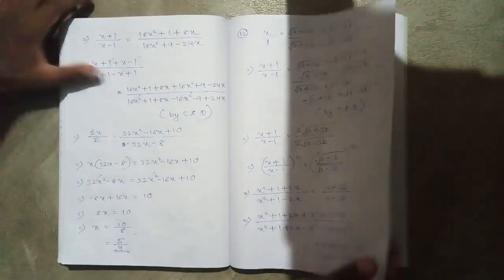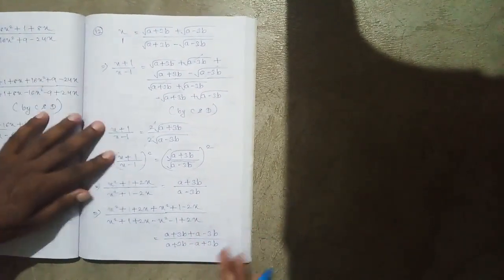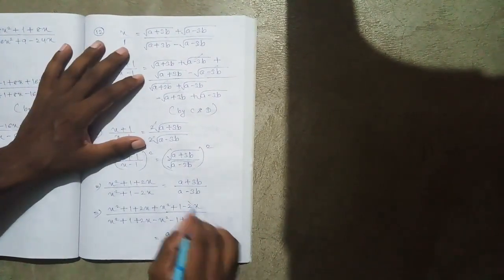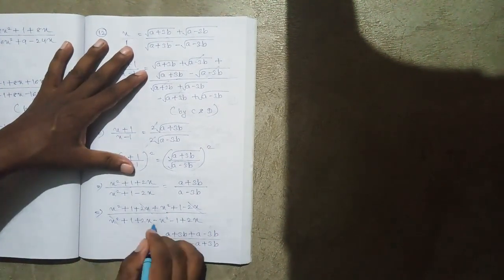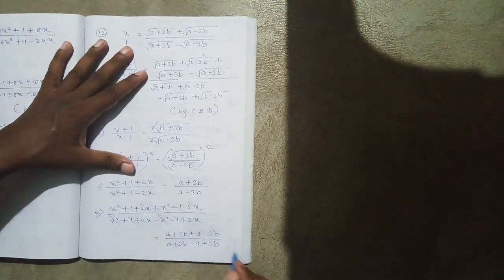So on cancelling, here we can cancel 2x, here we can cancel x² and 1, here we can cancel 3b, here we can cancel a.